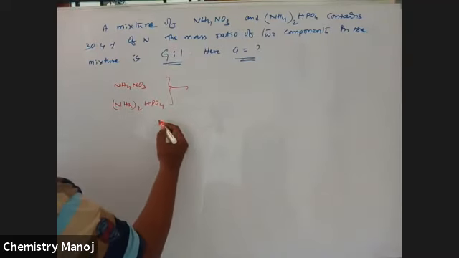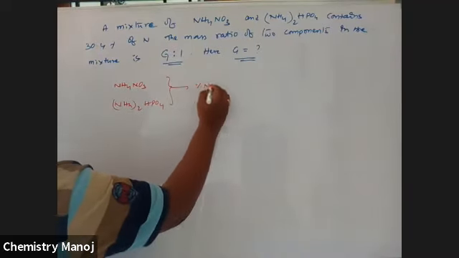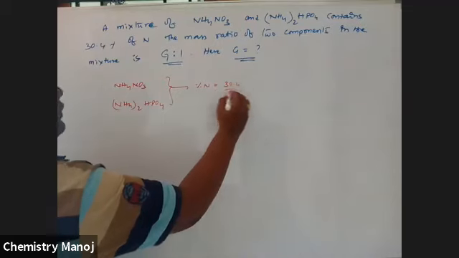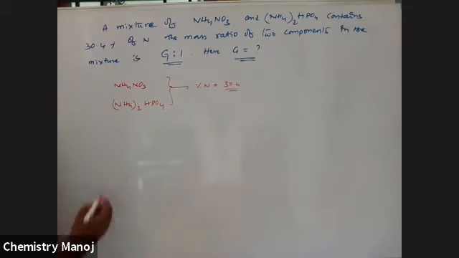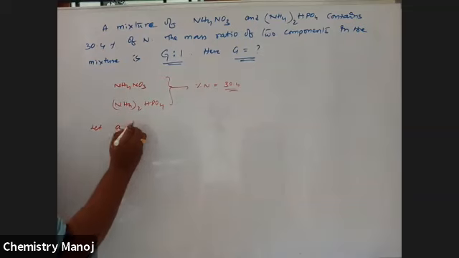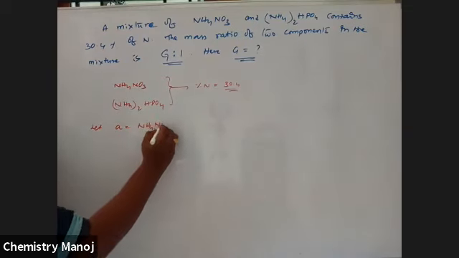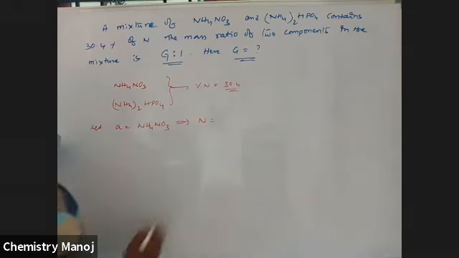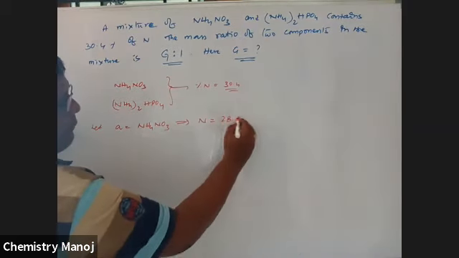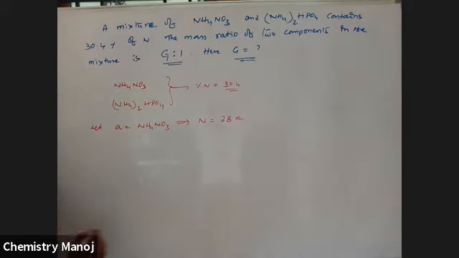Its percentage of nitrogen is equal to 30.4. Let A grams of ammonium nitrate be there. From this, nitrogen is 2 nitrogens, 28 into A. That is the weight of nitrogen.